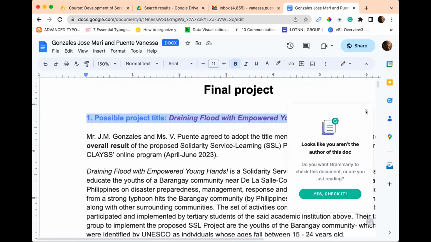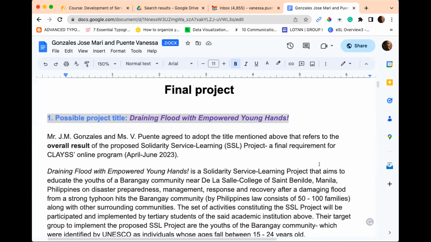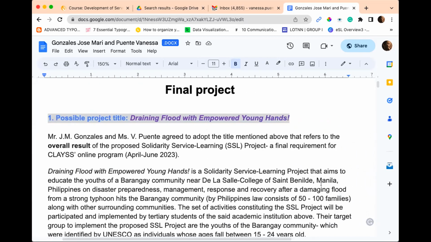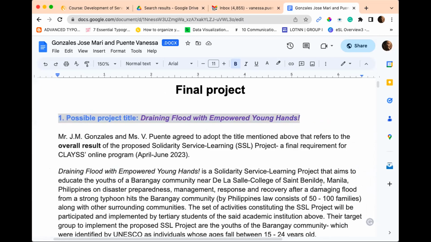The community is always affected by damaging floods every typhoon season here in the Philippines. Believe it or not, just as our early ancestors were met by the Spanish colonizers, our country has always been visited by typhoons.